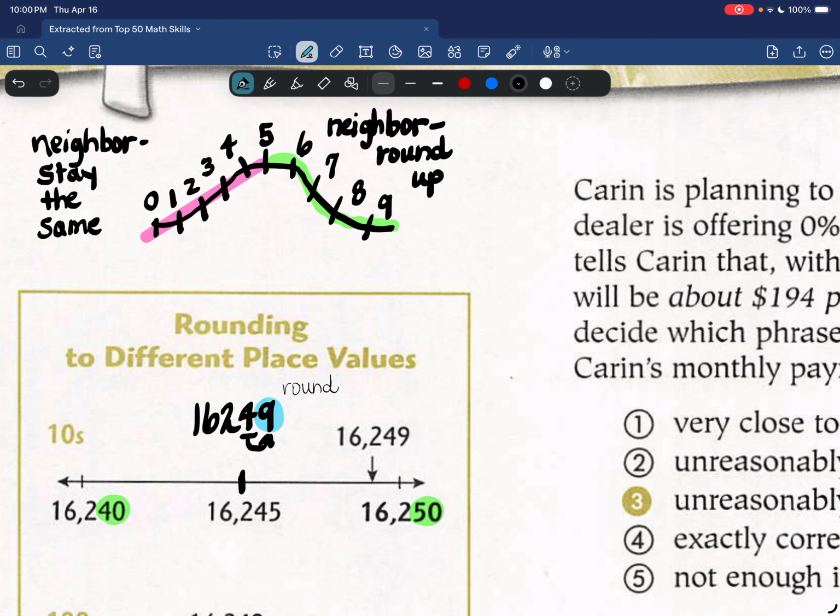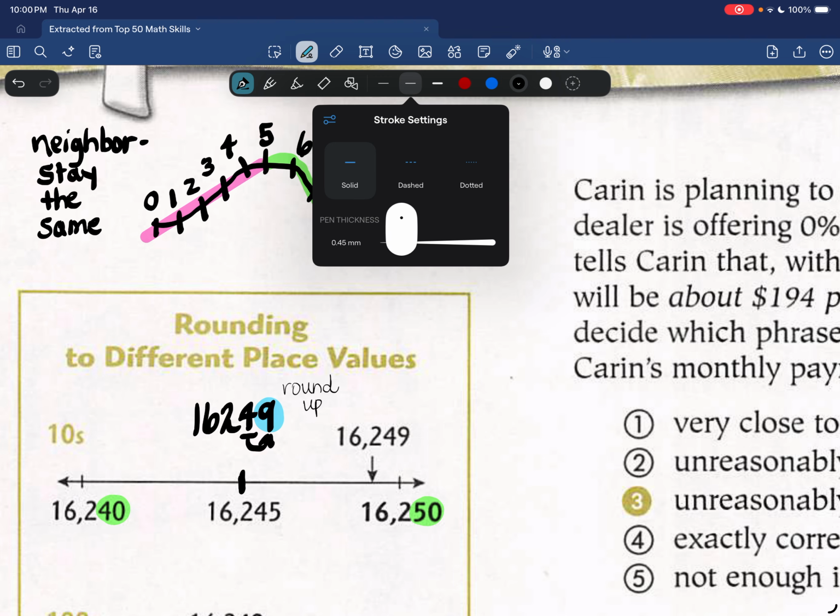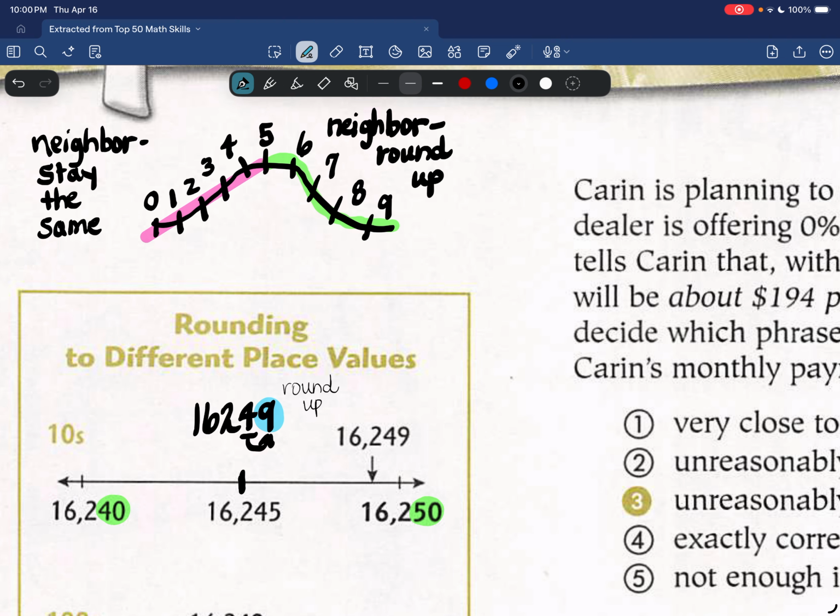So this tells me, looking at the neighbor, that I need to round up. And when I do that, that means that that 4 becomes a 5 to get 16,250. So you can see that that actually is what the number rounds to. It's closer to 50 than to 40.